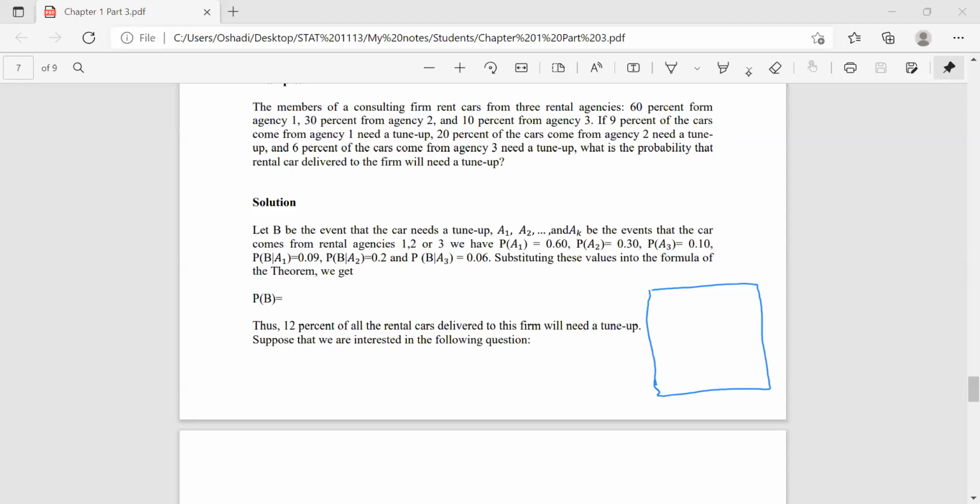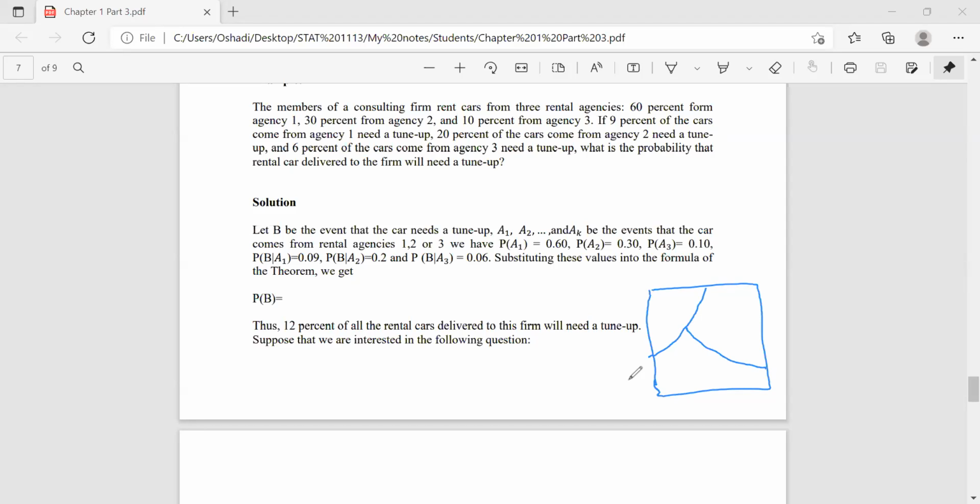It is said there are 3 rental agencies, right? The cars, so the sample space has been partitioned into 3 groups as agency 1, agency 2, and agency 3, right?